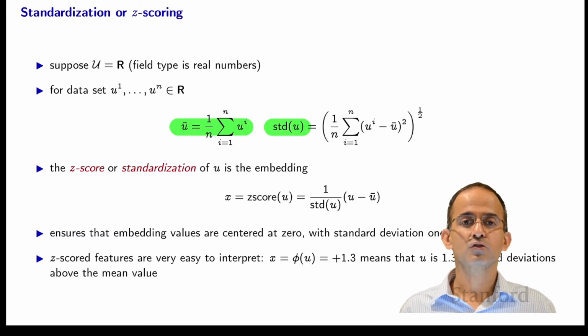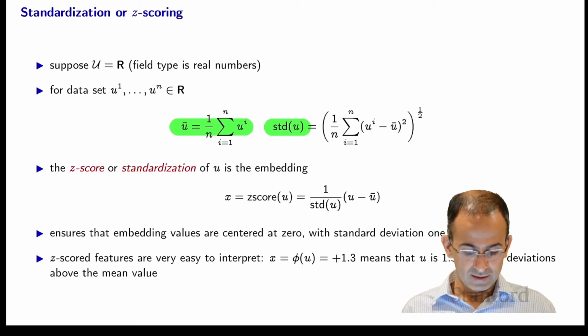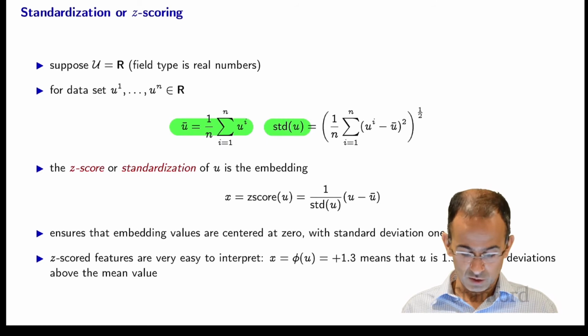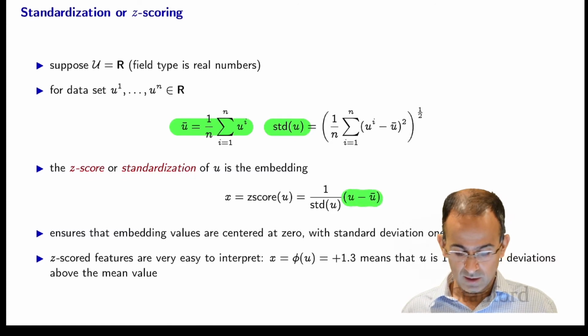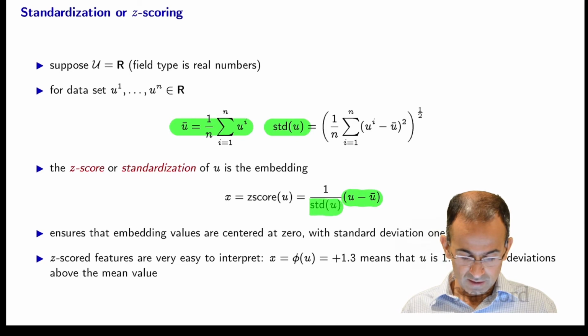And then in order to construct a vector, or in this case a scalar, x, which is an embedding of u which is normalized, we do what's called a z-score transformation, where we take u, subtract from it u bar, and then divide by the standard deviation.